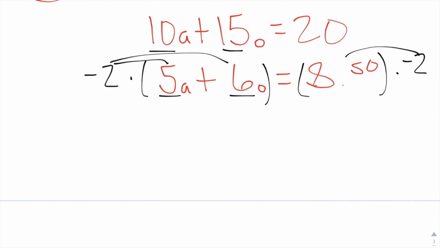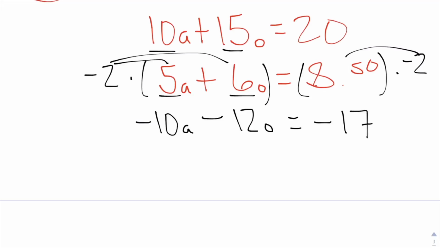So now you should have, I'll just write it below, -2 times 5 is -10 apples. And negative 2 times 6 is what? Negative 12 oranges. Equals 8.50 times negative 2, which will be negative 17.